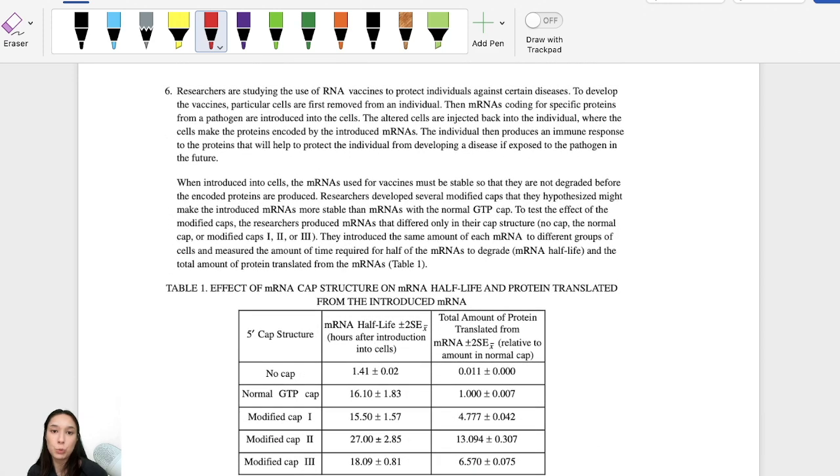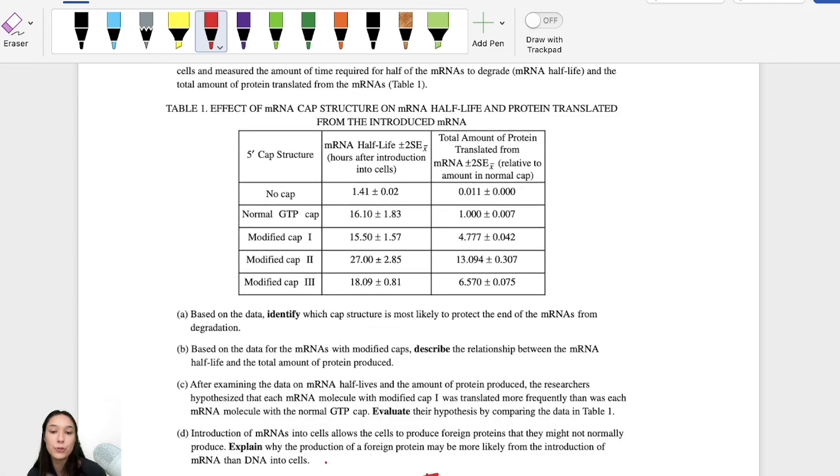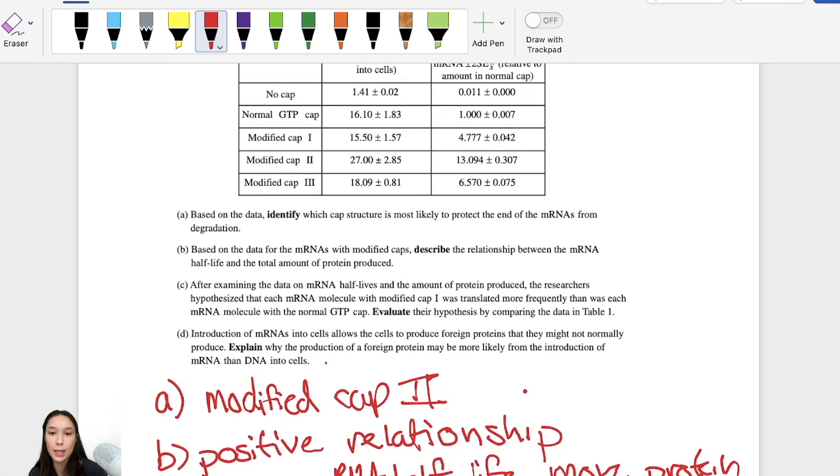All right, our last one for 6 and for the entire 2022 exam says: introduction of mRNAs into cells allows the cells to produce foreign proteins they may not normally produce. Explain why the production of a foreign protein may be more likely from the introduction of mRNA than DNA into cells. This is a little bit of an application question.